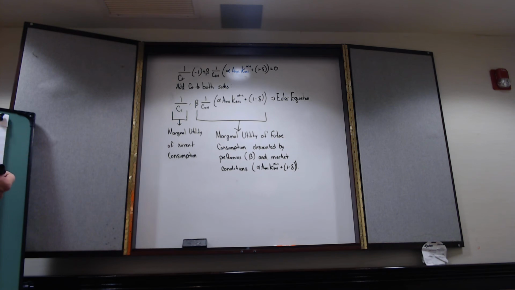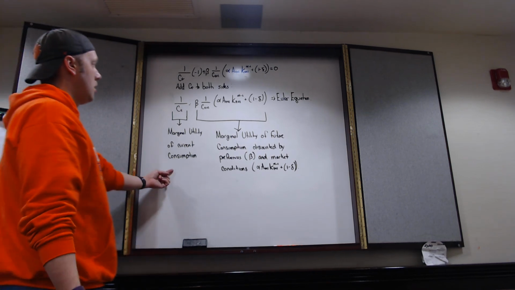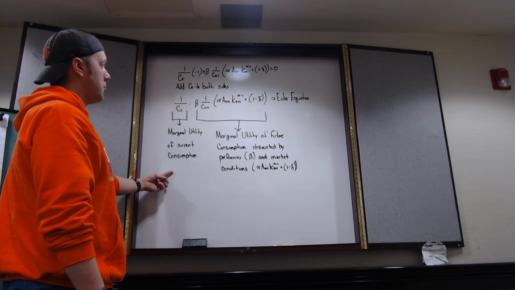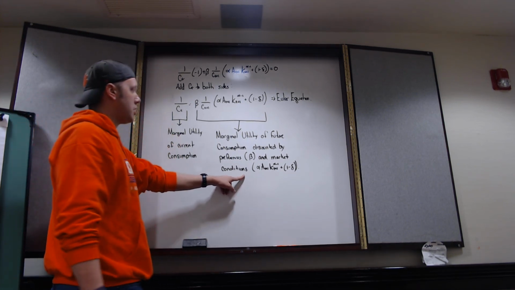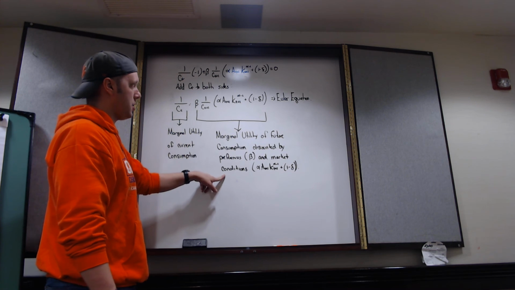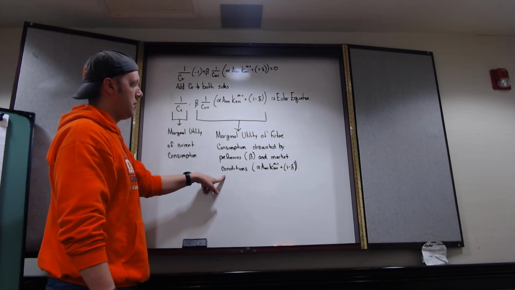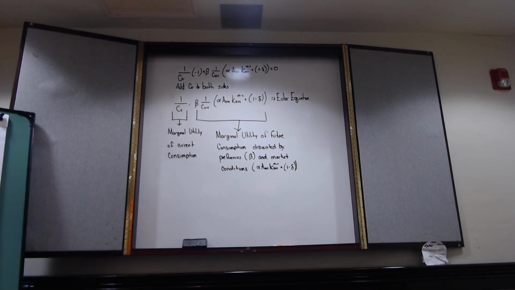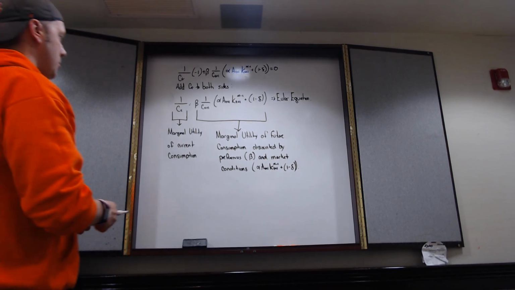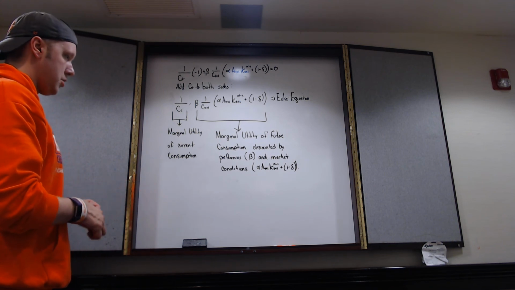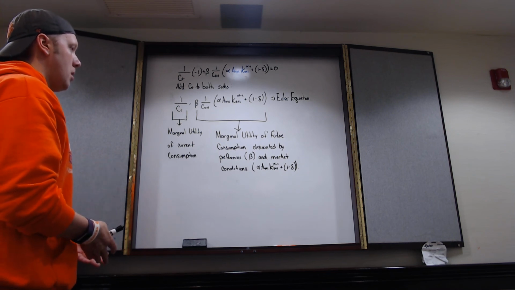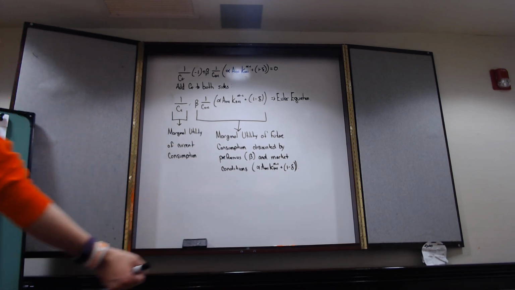So what this says is that at the optimum, the household is equating their marginal utility of current consumption with the marginal utility of future consumption discounted by preferences and market conditions. Okay, that sounds a little too economical. This says that the household at the optimum is figuring out how much to consume today versus how much to consume tomorrow based on how patient they are and how rewarding the market is for their patience.